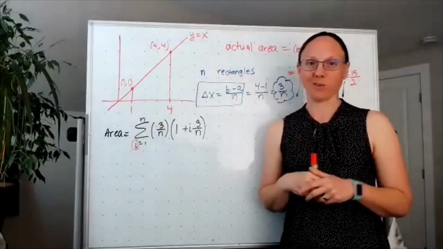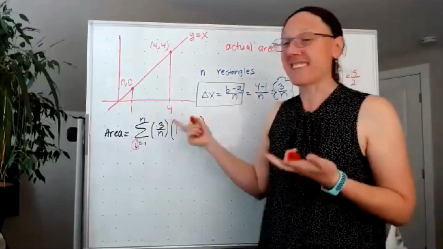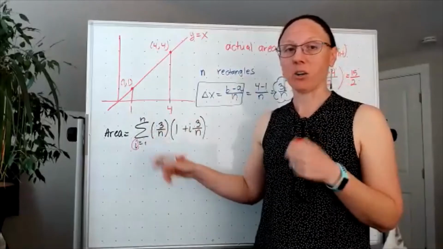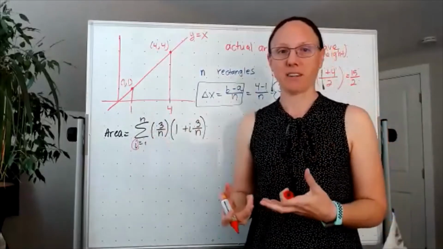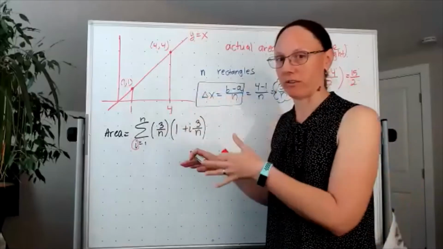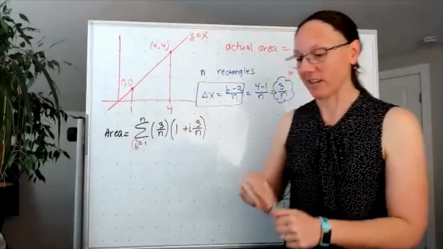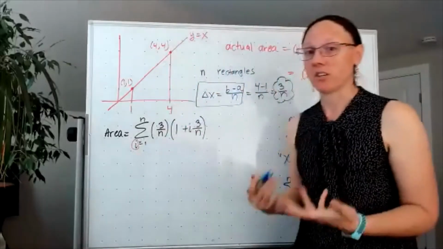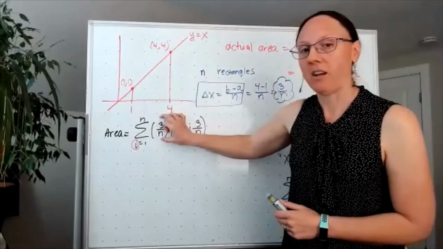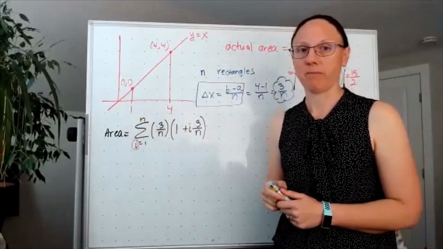Maybe it's 4 rectangles or 17 rectangles. I didn't tell you what it is, but it's a constant. So anywhere the n shows up in here, we treat it like it's a constant. And that can be confusing when you're first starting out with these. So the i is my variable, the n is a constant. So the first thing that I'm going to do in terms of our summation rules is to notice that 3 over n, that's a constant, and we can pull it out in front of our sigma.